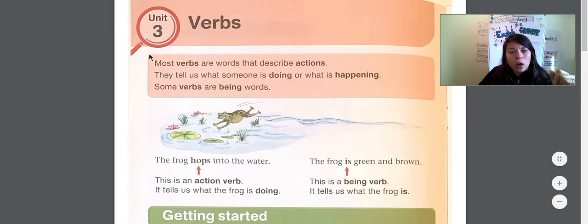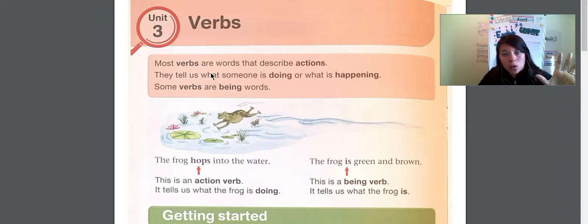Now, we're going to go into the 3rd unit of grammar, which is verbs. Now, because verbs have different categories, most verbs, most of them, are words that describe action. Okay, so words that describe action. Now, what does that mean?